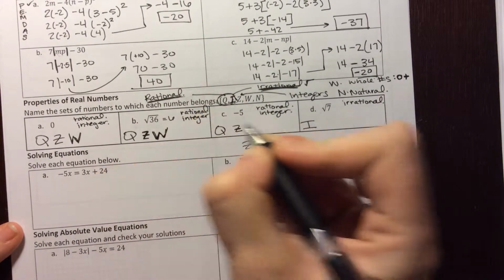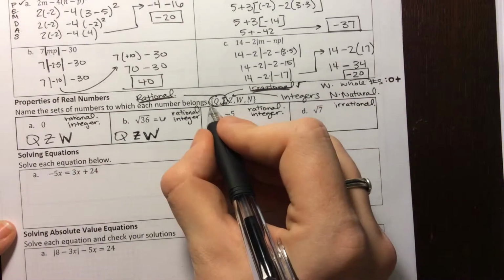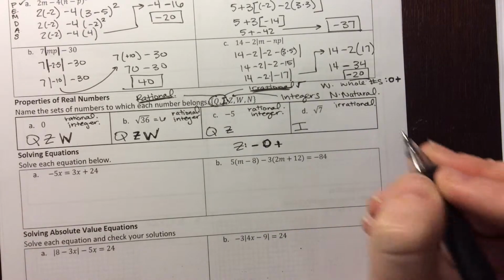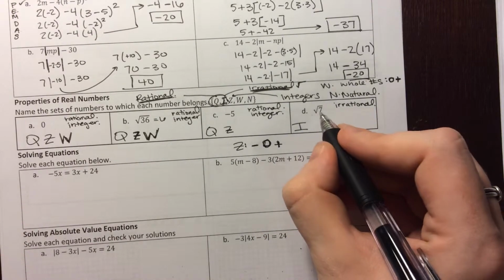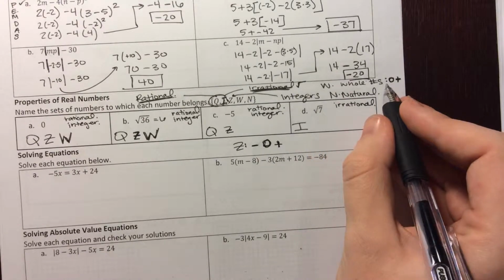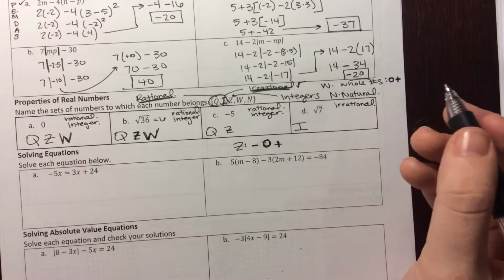Okay, is -5 a whole number? No, because it's negative and whole numbers only include 0 and positive numbers. The next one, square root of 7. Is it a whole number? No, because it has a decimal place. Whole numbers can't have decimal places.